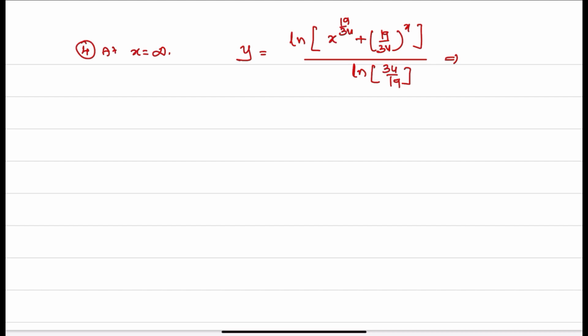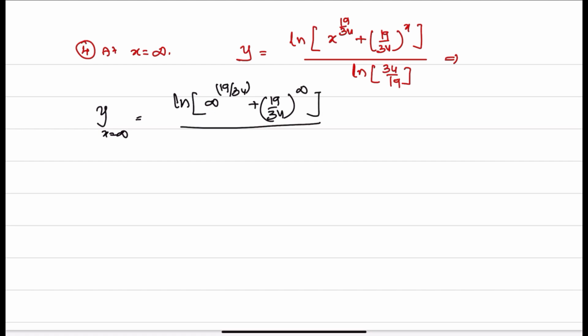Let us find out y at x is equal to infinity, that is equal to ln of infinity to the power of 19 by 34 plus 19 by 34 to the power of infinity, whole divided by ln 34 by 19.